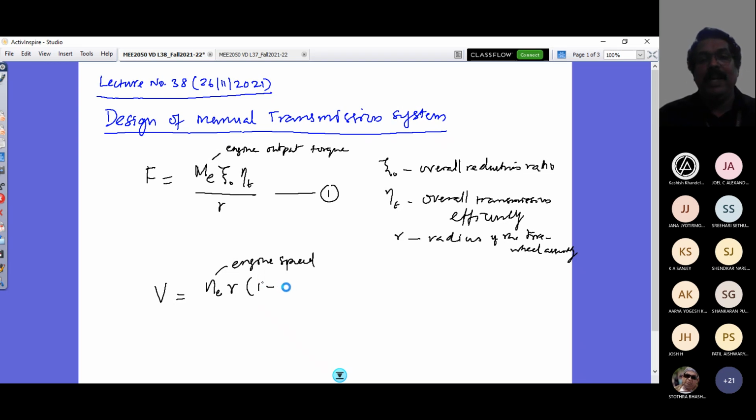Last class we defined that, right? How do you define longitudinal slip ratio? I is given by (R omega minus V) by R omega multiplied by 100, in percentage.